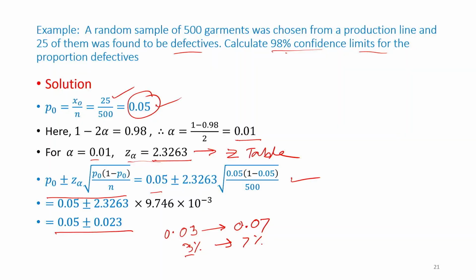We get 3% to 7%, and we say with 98% confidence that it lies somewhere between 3 and 7%. But what it is exactly, we do not know. That answer we will never get.